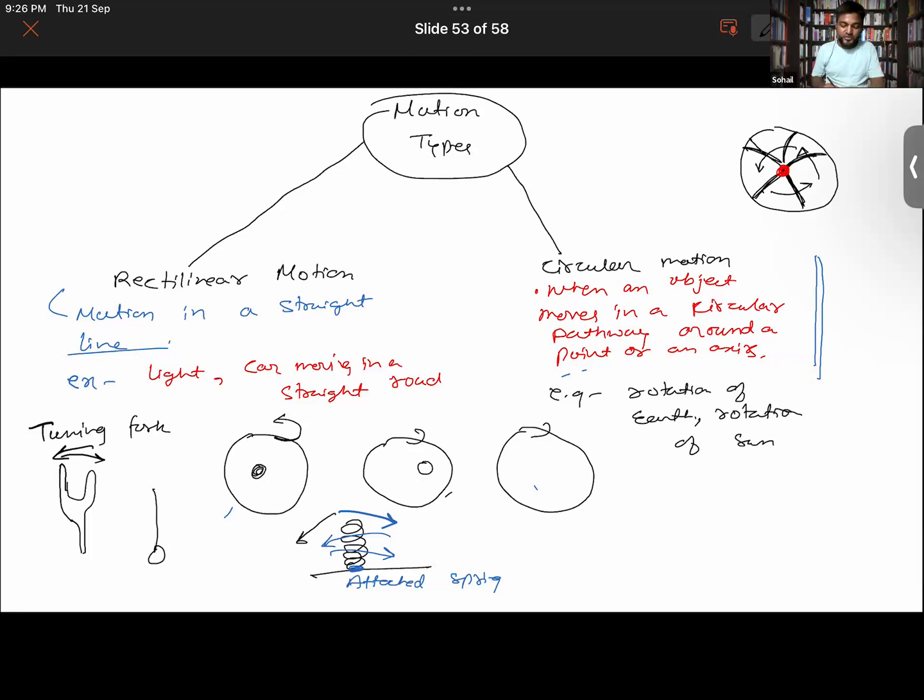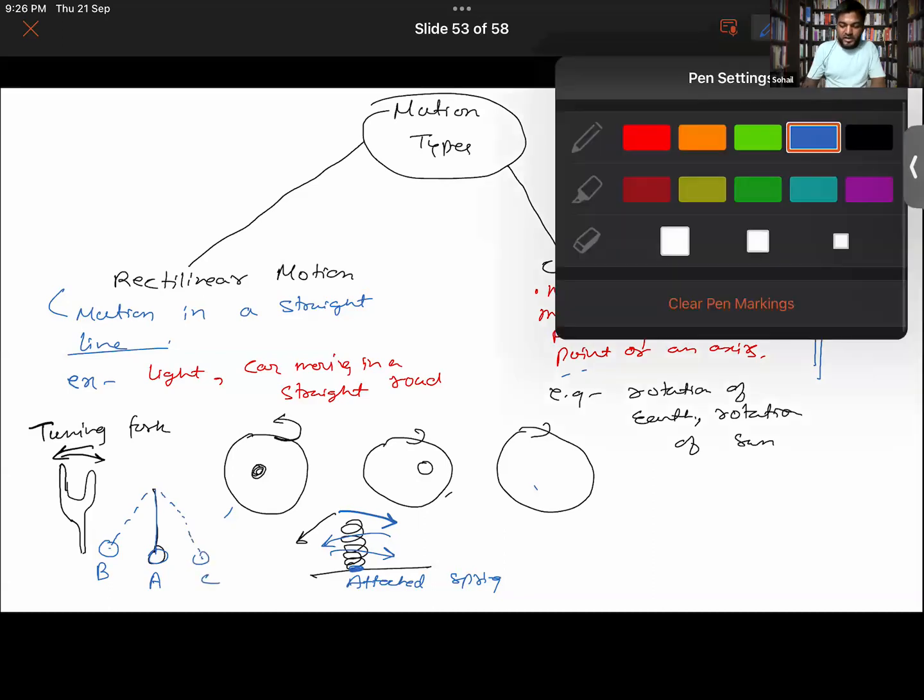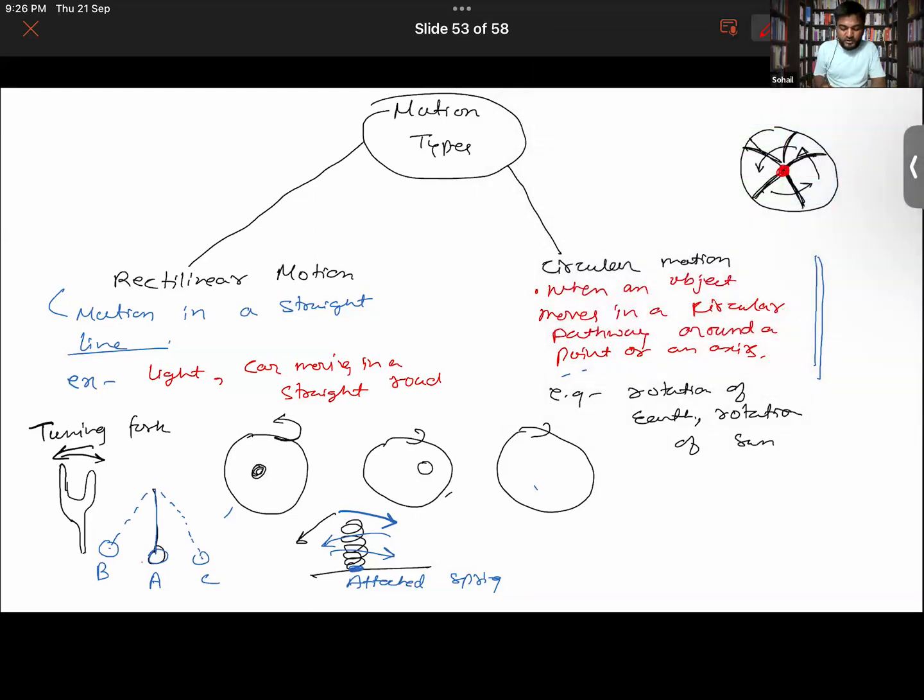Anyways, the pendulum here, let's say it is like this at point A. From point A, it will move to point B, then it will move to point C, and then it comes back to its initial position, that is point A.